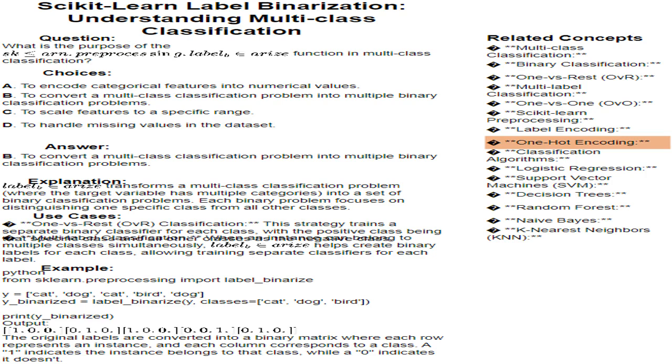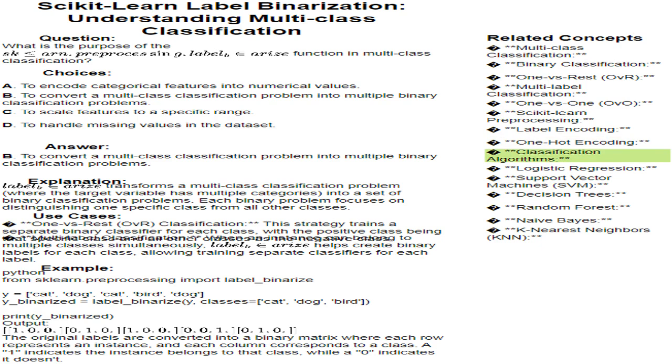Each category gets a corresponding column, and the value in that column is 1 if the instance belongs to that category and 0 otherwise. For example, cat could be represented as 1, 0, 0, dog as 0, 1, 0, and bird as 0, 0, 1.